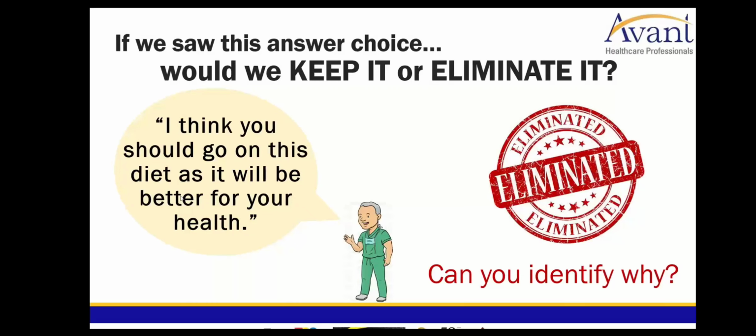It's telling them what to do. It's not letting them come to the decision on their own. Like I said, it's using their authority as a healthcare provider to tell them what to do. So this is an authoritative answer here. And remember, that's one of our six steps that we don't want to use. We don't want to answer questions like this. So get rid of it. If you got that right, excellent job.